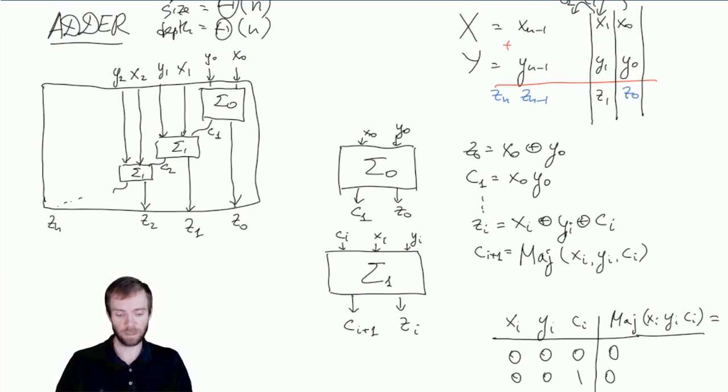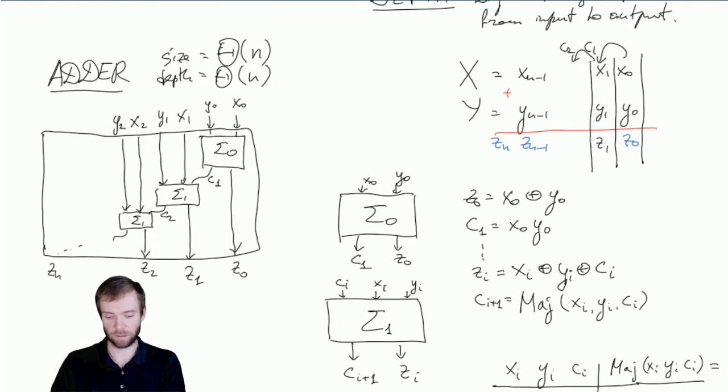If we just take each of these 2 functions, this one and this one, separately implement each with a circuit, and take the union of these 2 circuits and denote it by sigma 1. So we know that the size is not greater than 24 times n. Well, actually it's much smaller than that.